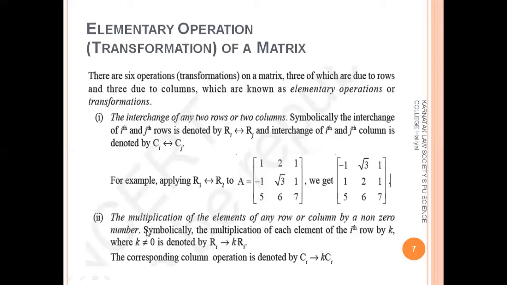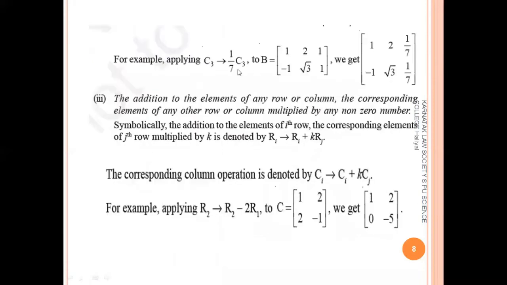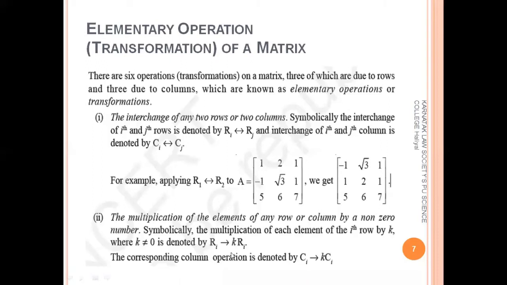The second operation you can use here is the multiplication of the elements of any row or column by a non-zero number. Symbolically, it can be represented by Ri → kRi. Consider an example: if I need to multiply R1 by 2, I am operating on R1, so I need an arrow mark there, and k holds good. k indicates the constant.